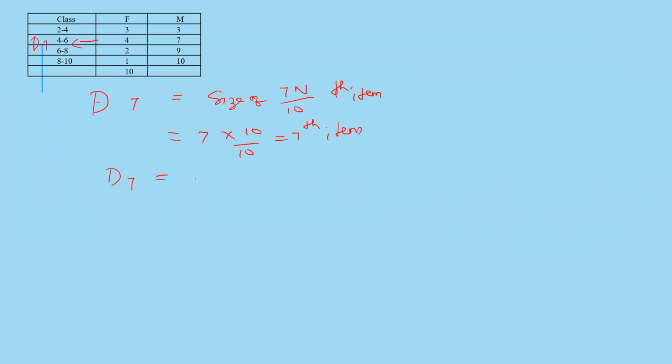So for D7, with the same formula, L is 4. So 4 plus 7n by 10, which we know is 7, minus 3, divided by 4, into 2. So this lands up at 4 plus 2, which is equal to 6.